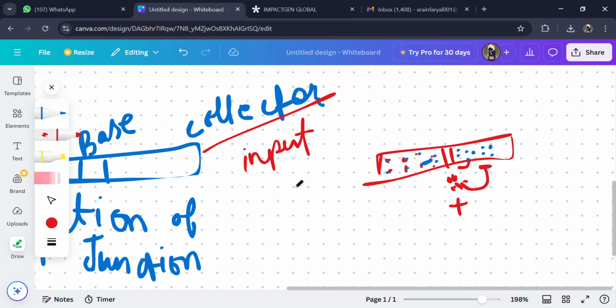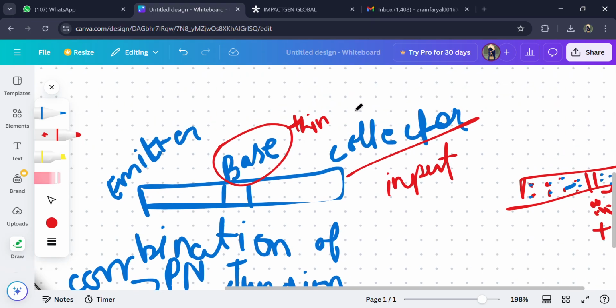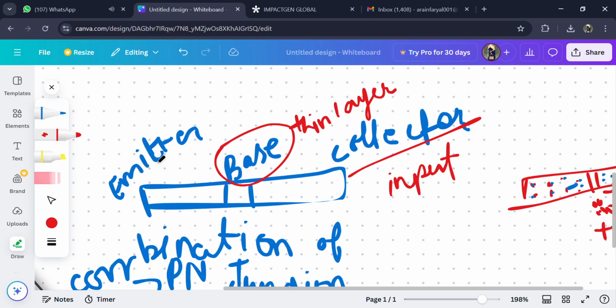We have studied this in our previous lectures. What is doping? So here the concept of doping arrives. This is the basic reason why we keep the base in between the emitter and the collector. So base is a thin layer of opposite type of junction to the collector and emitter.